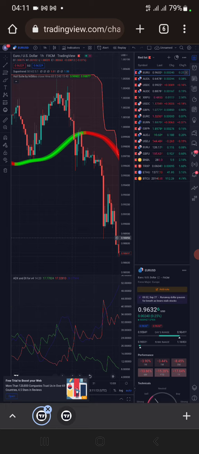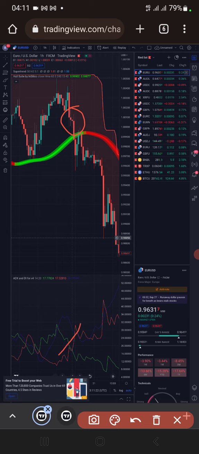Over here on this candle, and we are moving upward. So we enter into a trade over here, and as you can see, you have a downtrend. So this basically teaches you when to enter into a trade in a trend.